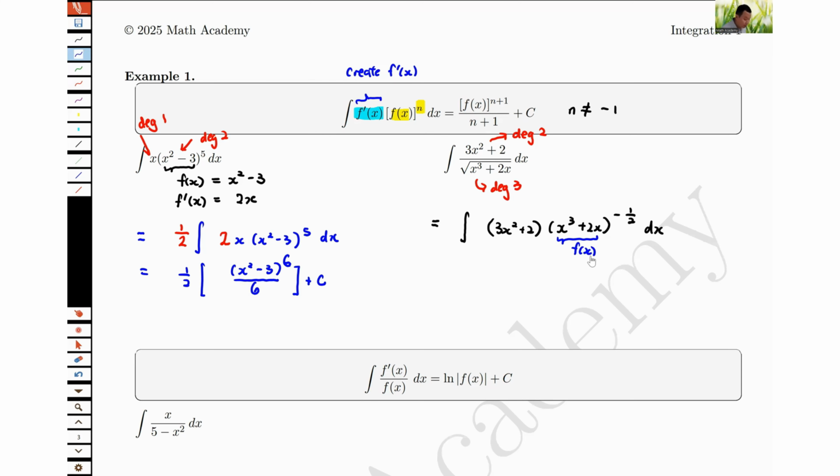In this particular equation, if you differentiate this f(x), you will see that immediately this term is your f prime x. So we already have it in that structure that we are looking for. We can start straight away with your power plus 1, which you get half, divided by that new power, plus c.